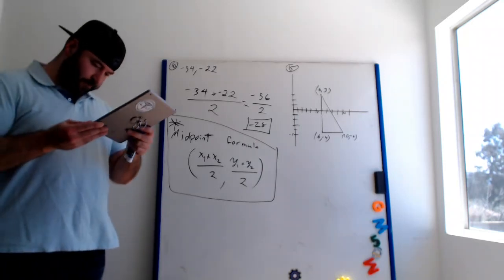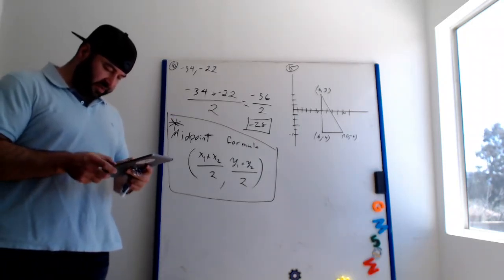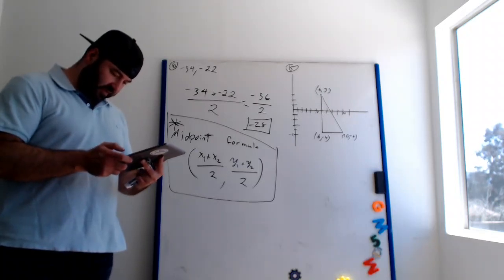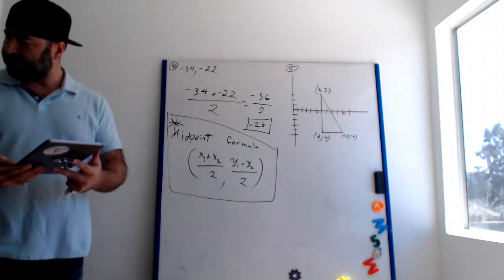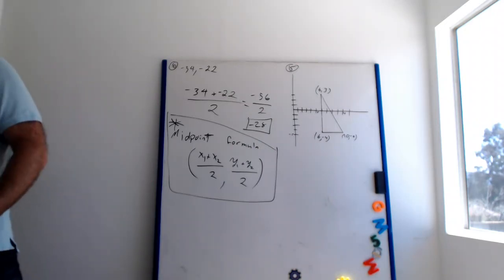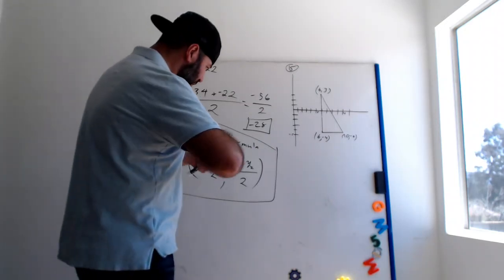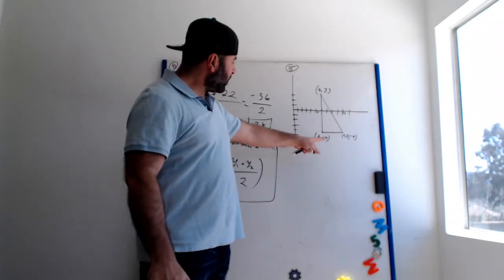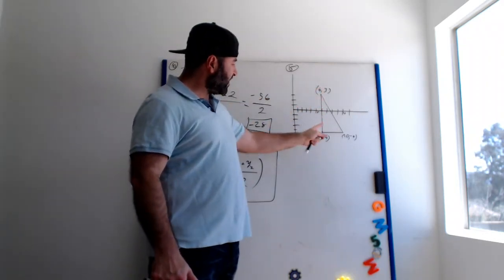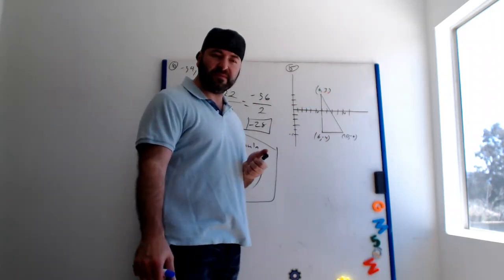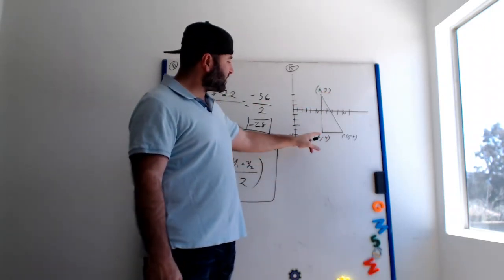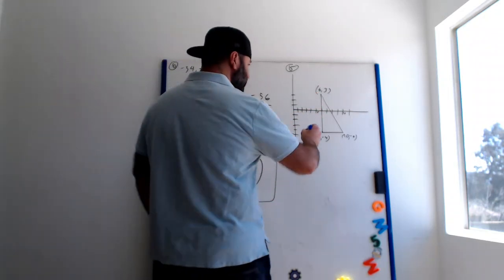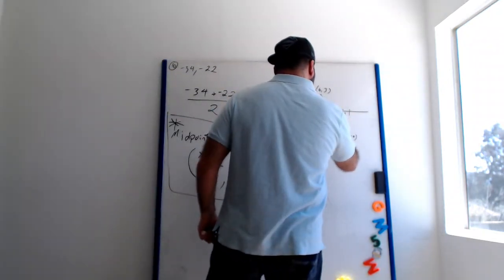Double checking the coordinates, we're good. There's a difference of 7 units from top to bottom. Cut that in half, so I can go up 3.5 units and down 3.5 units, which gives me my midpoint.